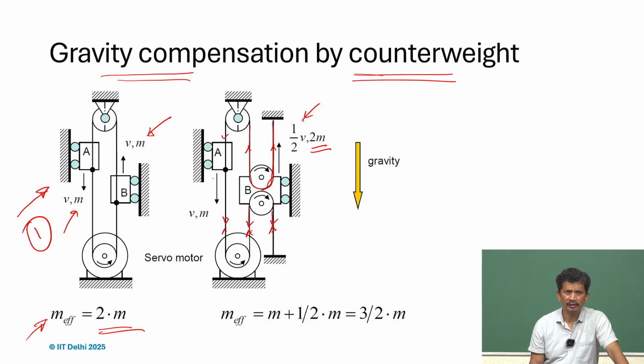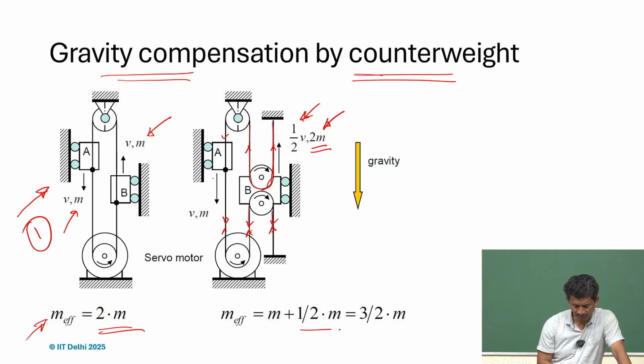But what happens when it starts moving? The inertia effect. And there what we realize is that although it's a 2m, the transmission ratio is half, it is b by 2. So, the equivalent, the effective mass working here on the servo is 1 by 2 m, because what happens, you have 2m, but then there is 1 by 2 squared. So, the 2 gets cancelled and ultimately we are left with m by 2.